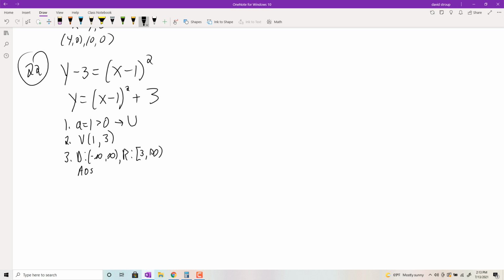The axis of symmetry is always x equals the x-coordinate of the vertex. Finally, the x-intercept. For the x-intercept, you let y equal 0. Again, I can just use the square root property. So I'm going to move the 3 to the other side and flip-flop the equation.